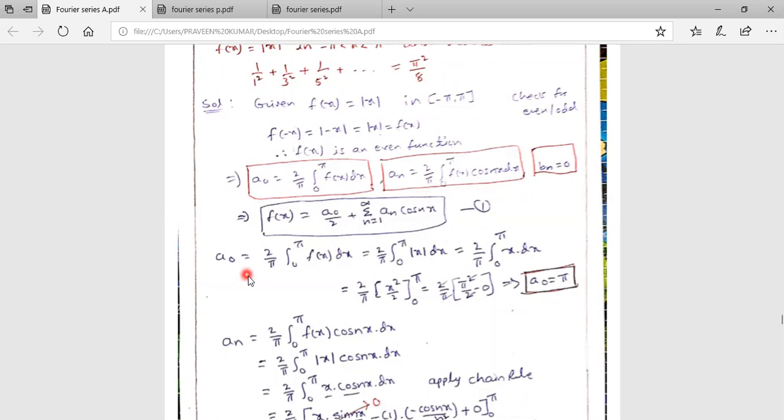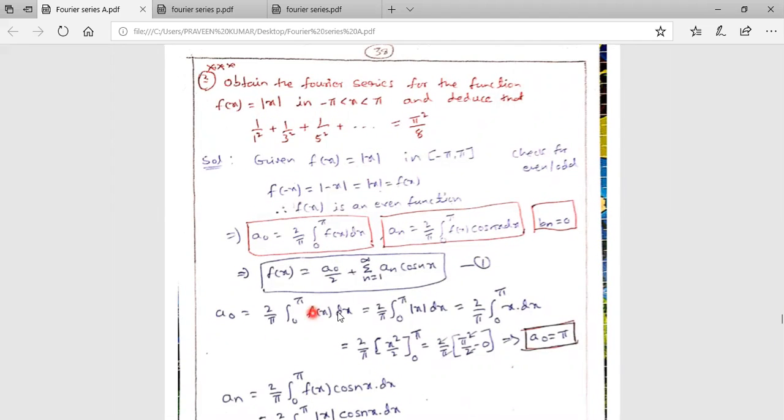So a naught is equal to 2 by pi integral 0 to pi f of x, and f of x is the provided function mod x, dx. So 2 by pi, and mod x is nothing but x only between 0 to pi, all positive numbers, so the mod x function acts as x only.